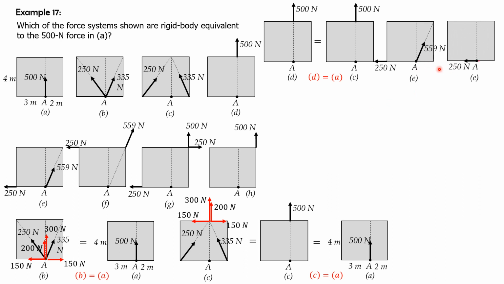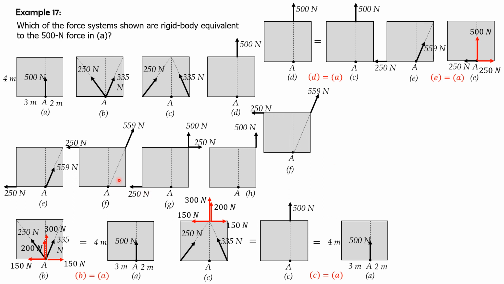That would be 250 rightward. So these are the components, 250 rightward, and 559 times 2 over square root of 5, 500 upward acting at A. So since 250 will just cancel out, then this force system at E equals force system at A.